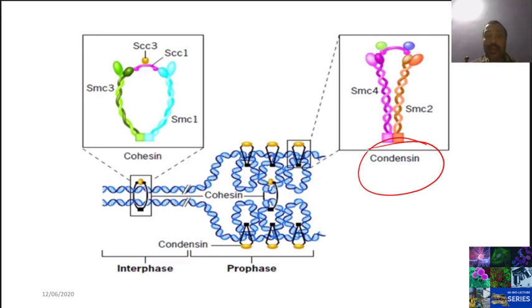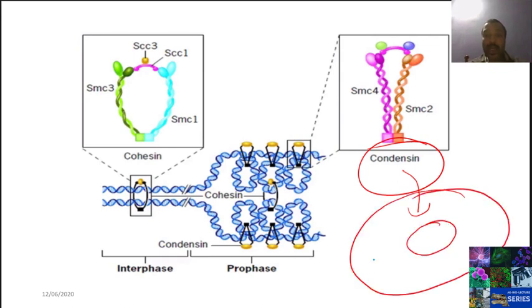The inactivated form of condensin is located in the cytoplasm. When this is the cell and this is the nucleus, the inactivated form of condensin is located inside the cytoplasm, not in the nucleus. So only after nuclear membrane breakdown does it get access to the DNA.